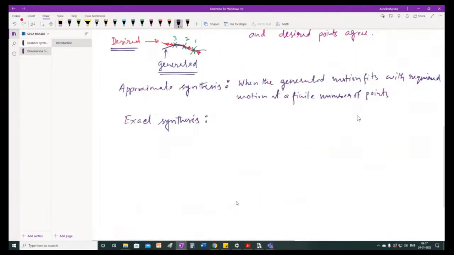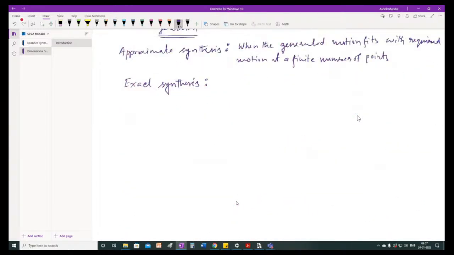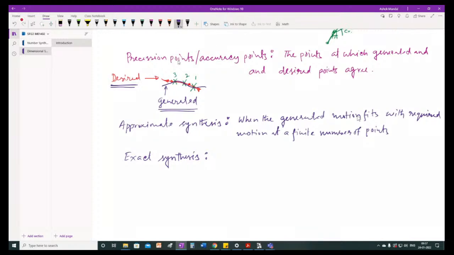Now, without spending much more time, we want to go to the graphical methods. So first we will discuss motion generation, and mostly we will discuss three position synthesis. That means, as we have already discussed for precision points, when there are three precision points, as I have given in the example here, this is called a three position synthesis problem, or 3 point synthesis problem.